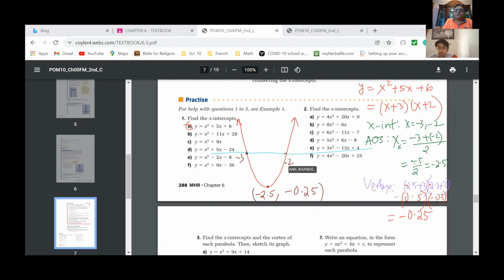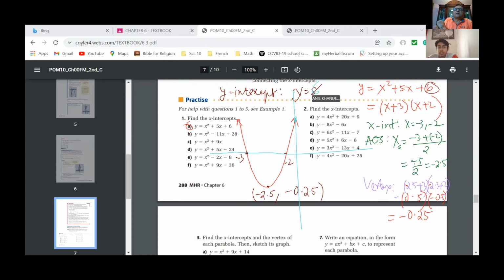Correct. And somewhere on the right-hand side will be the y-axis. You can always find the y-intercept, which is 6, right? Let me write down y-intercept, which is just going to be 6, sir. Yes. Correct. So, not to scale, but if my y-axis is somewhere here, then this y-intercept is 6, correct?